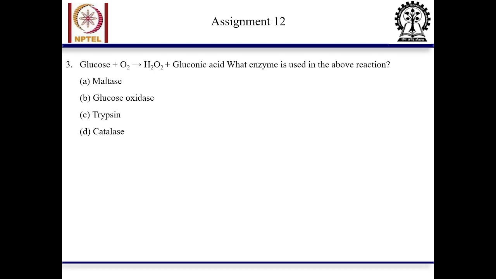So the correct answer is B. So what does trypsin do? Trypsin basically is an enzyme which breaks the protein to the amino acid. Alright. What does catalase do? Basically, it decomposes the H2O2 to the water.